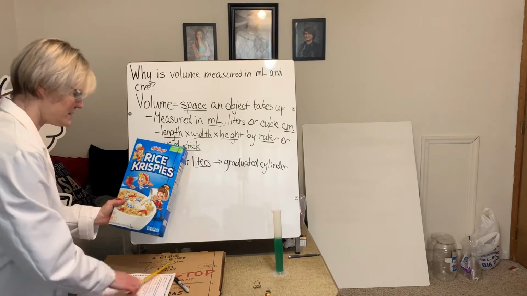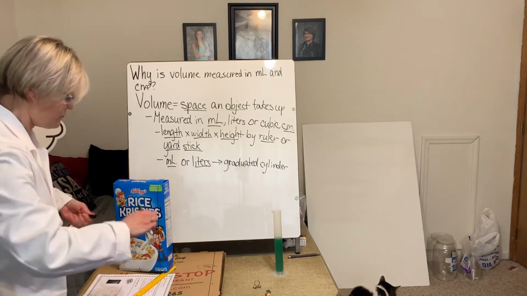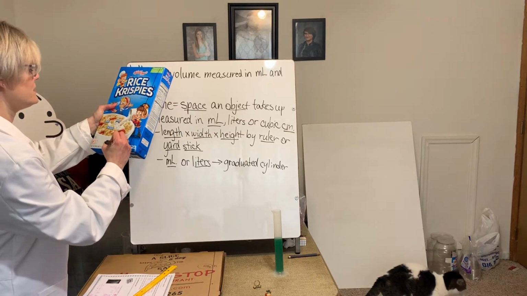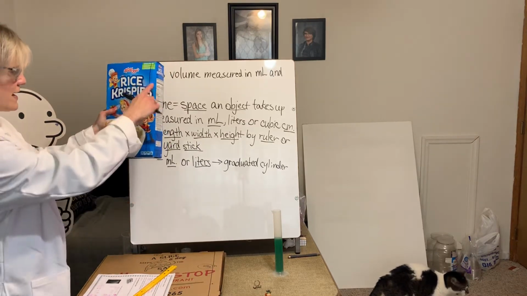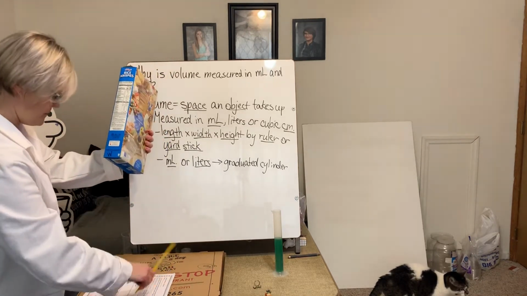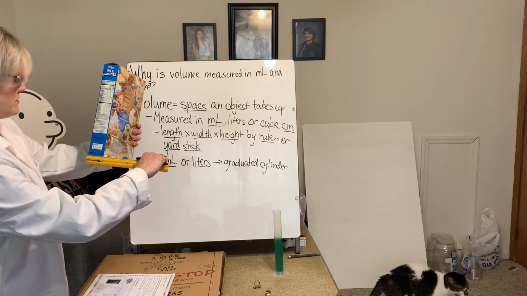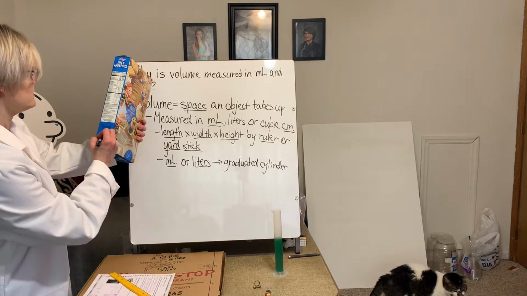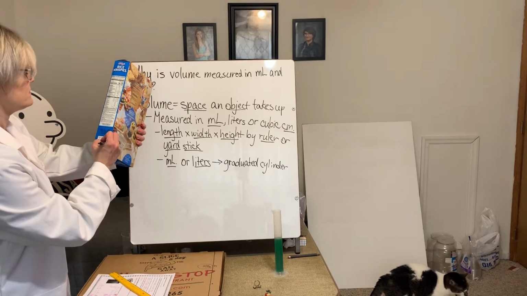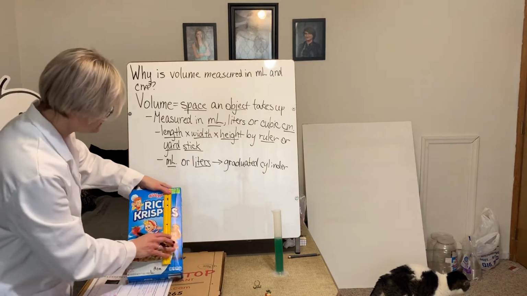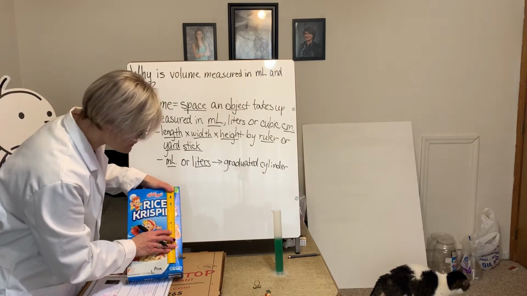Now I'm going to do the width. And the width is a little bit wider than the pizza box. It's 6 centimeters. And the height. So I've got, maybe this will fit, nope.